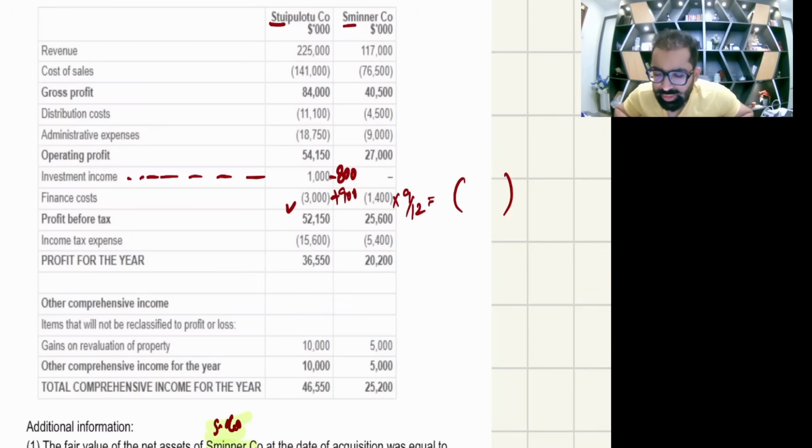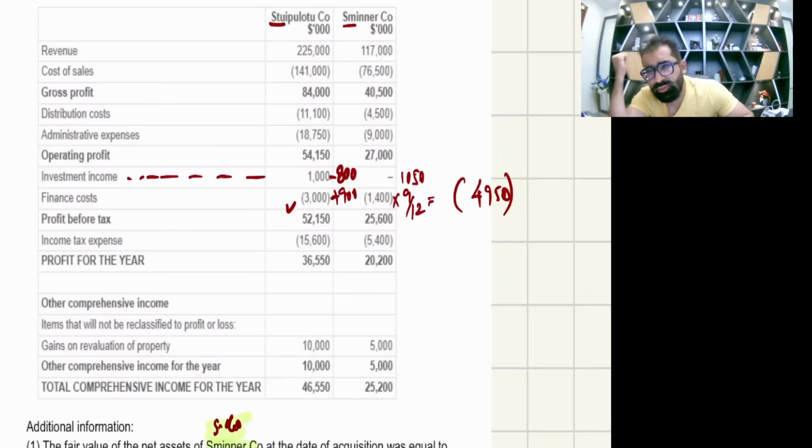So 3000 plus 900, then plus 1400 into 9 upon 12, because we are doing 9 months consolidation with the subsidiary. 1400 into 9 upon 12 is 1050. So 3000 plus 900 plus 1050 is 4950. This is your final consolidated interest expense.